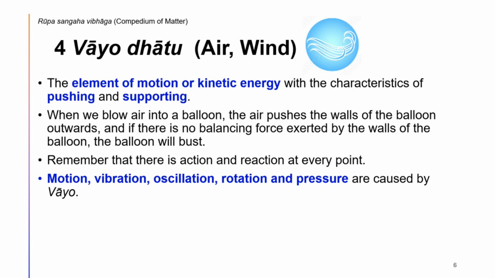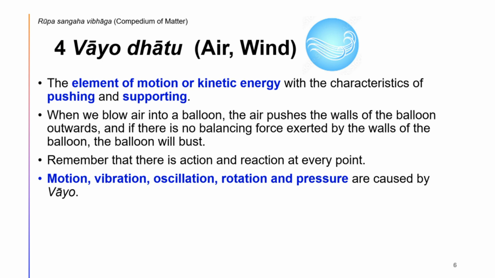When you blow air into a balloon, a good example, the air pushes the wall of the balloon outwards. So the balloon keeps expanding. You blow more air, the balloon will keep on getting bigger and bigger. If there's no balancing force exerted by the walls of the balloon, you pump too much air into the balloon, it will burst.